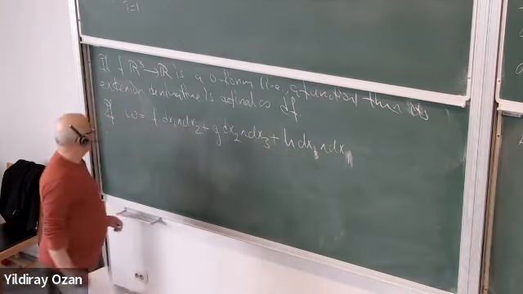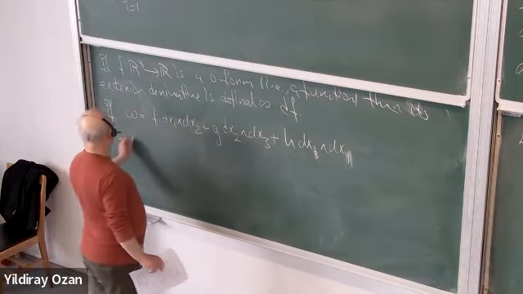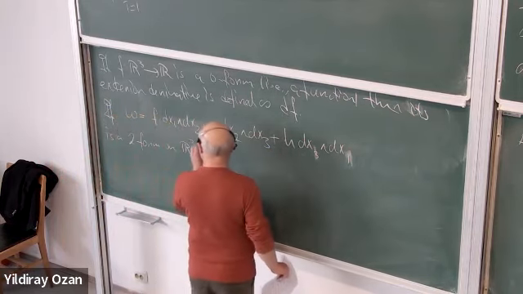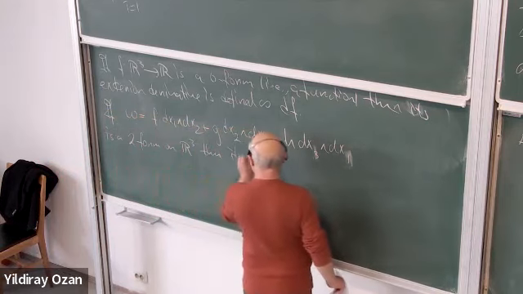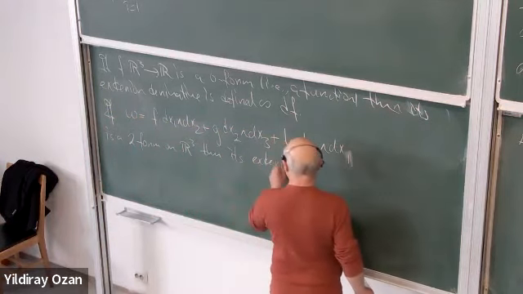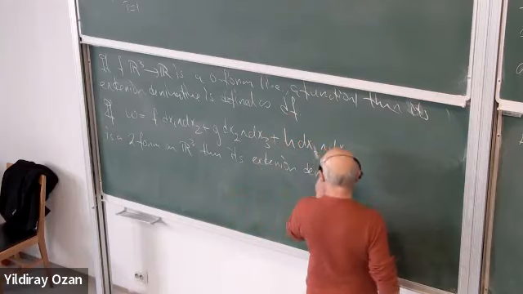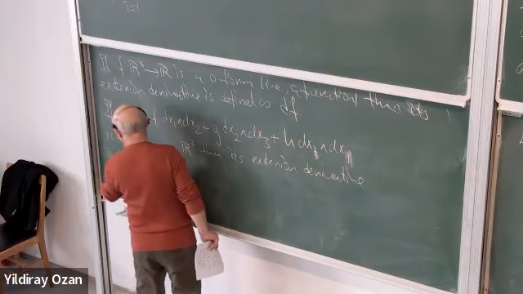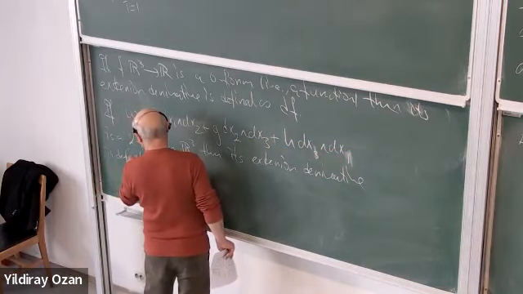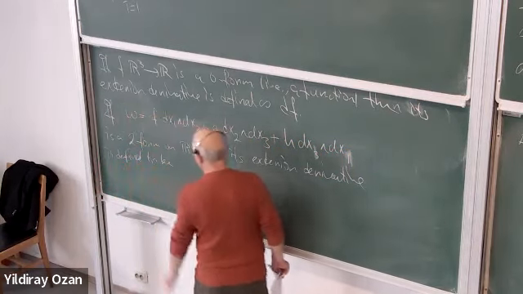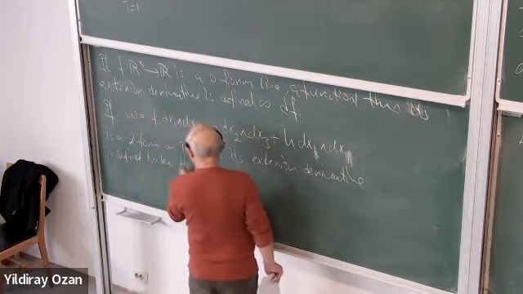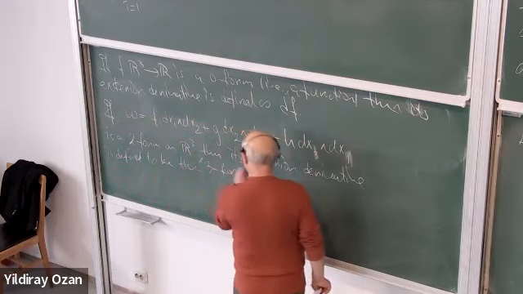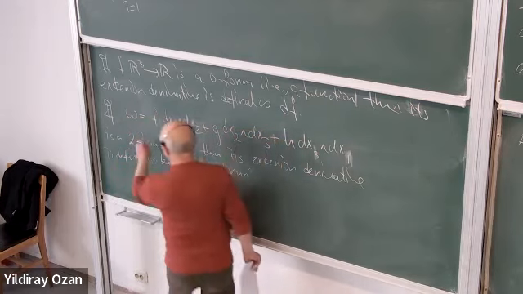If this is a two form on R3, then its exterior derivative is defined to be what? The three form. So what's that?